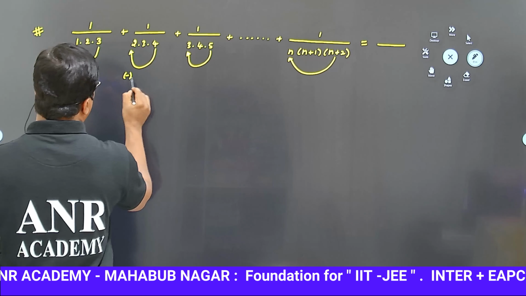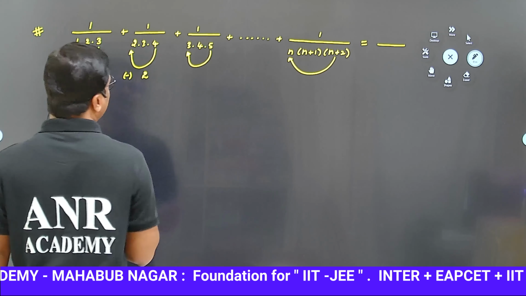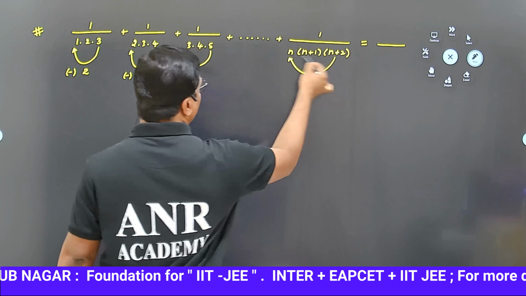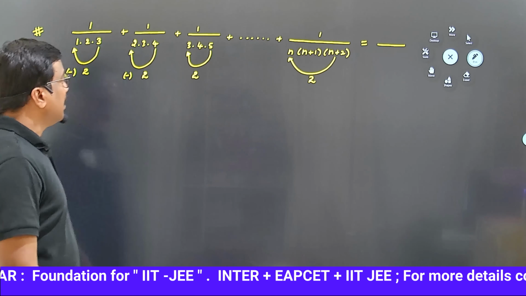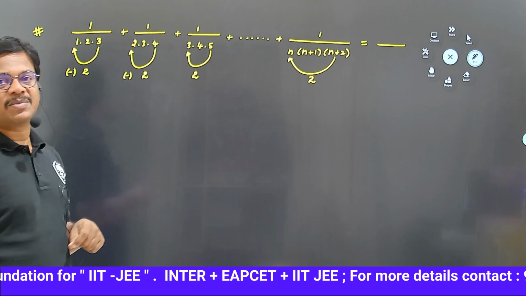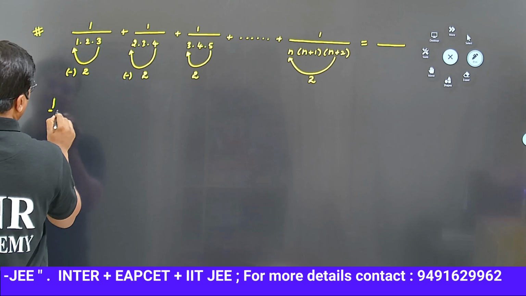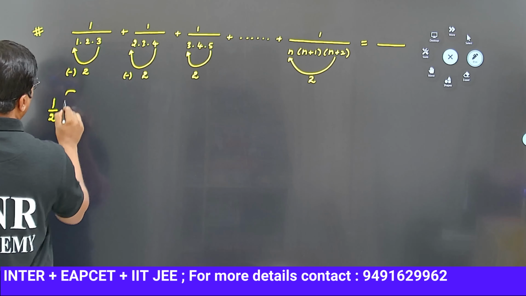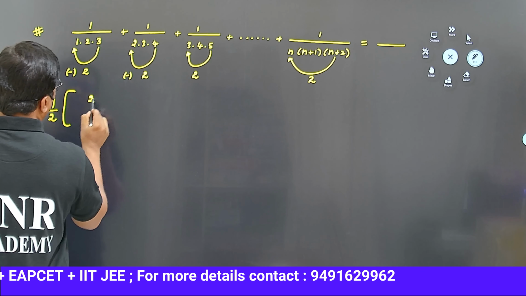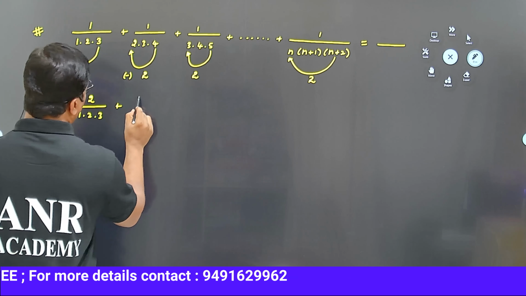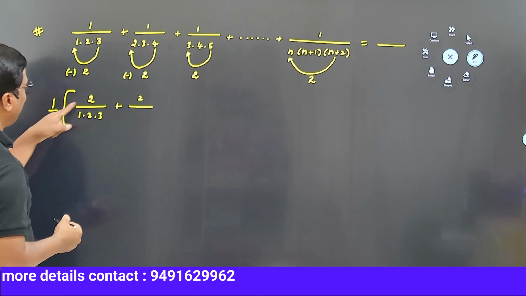Also here the difference is 2 units, and here 2 units, and here also n plus 2 minus n is 2. Since the difference of terms is 2, due to that reason, first I am going to divide by 2 and multiply by 2, and the remaining terms I am going to write as they are. Just multiply and divide by 2.